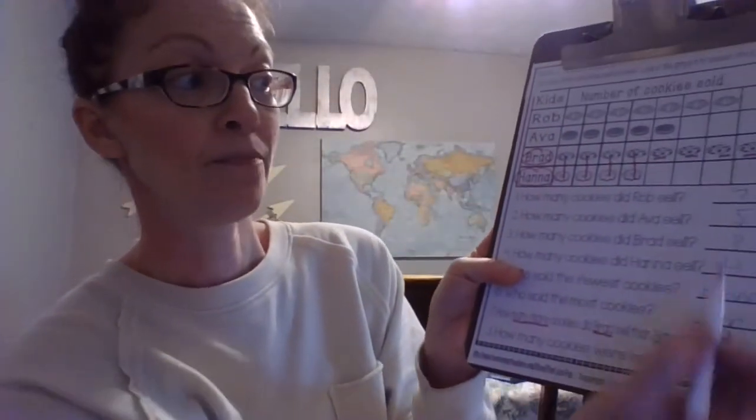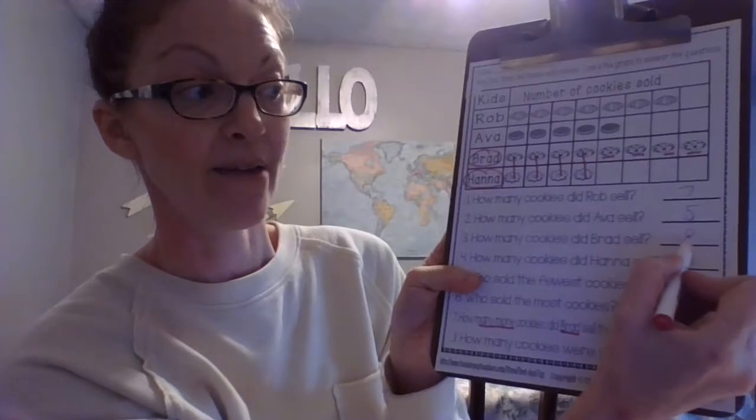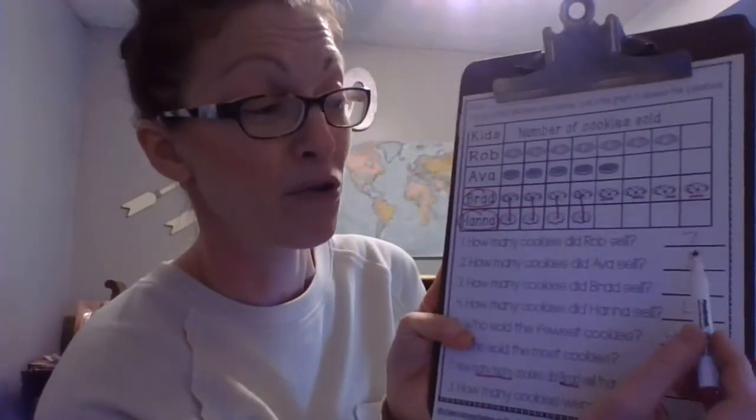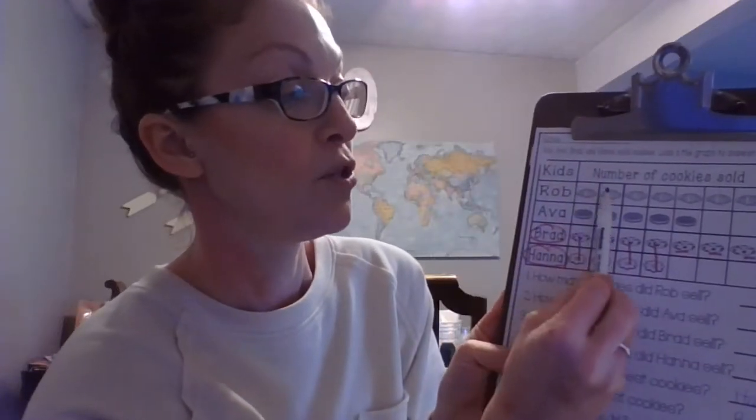So we could do 7 plus 5 plus 8 plus 4. That's a lot of math going on. Or if you don't want to be that tricky or you don't have extra paper to do this on, you can just count them up here. 1, 2, 3, 4, 5, 6, 7.